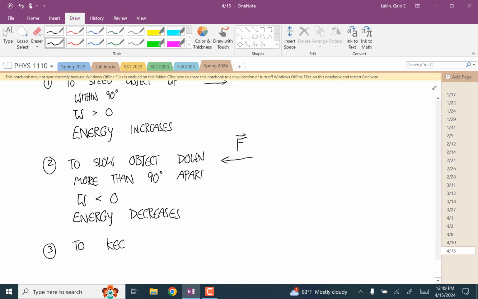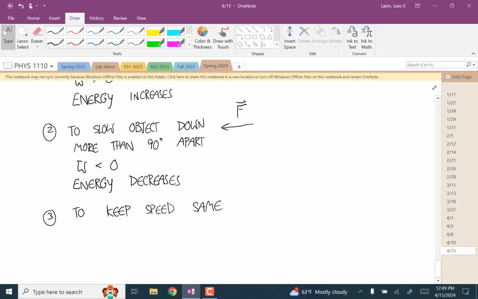To keep the speed the same, you could imagine applying a force straight down. Then force and displacement are perpendicular.